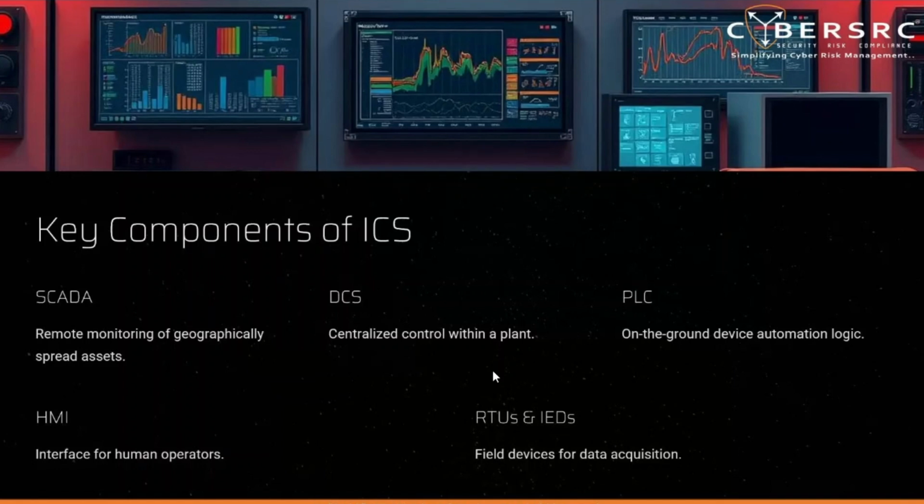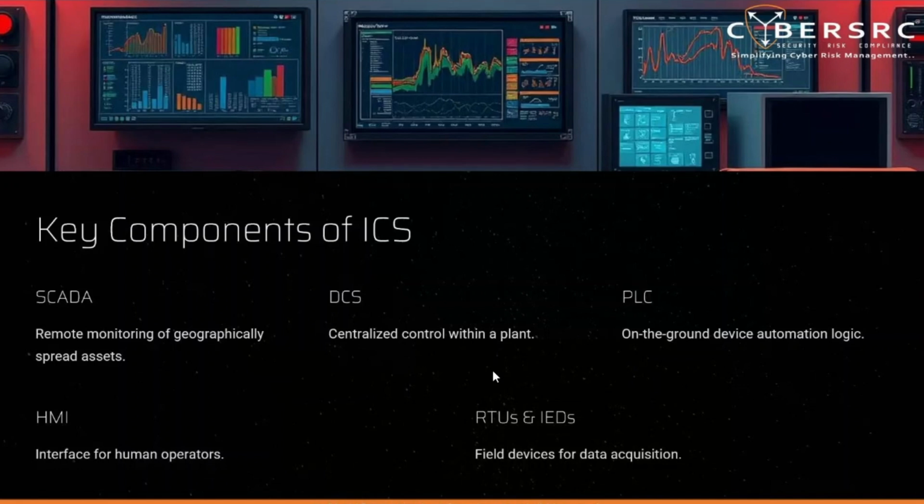Supervisory system. So now we have moved to the systems that control all these devices. For that, we have the SCADA system. SCADA aggregates data from PLCs, RTUs, and other devices, providing real-time visualization and historical trending. Operators use SCADA to supervise processes and respond to alarms.